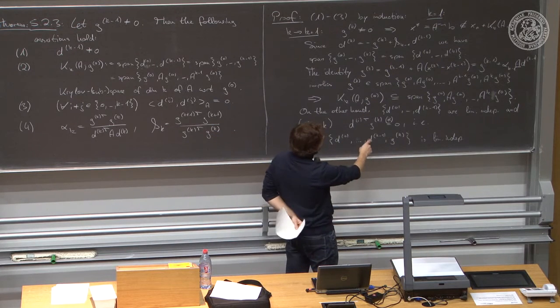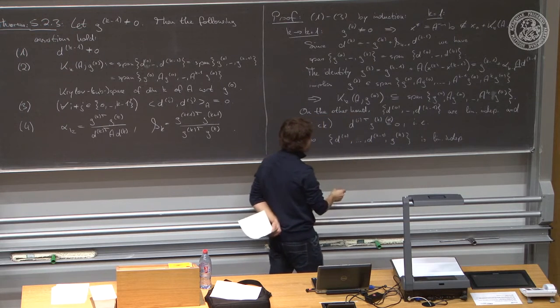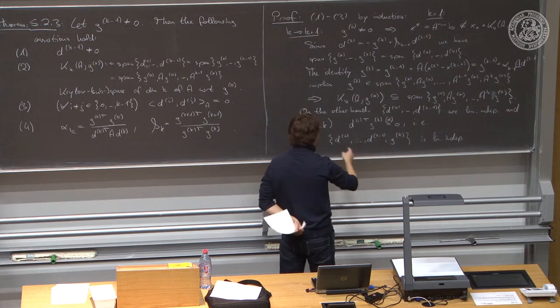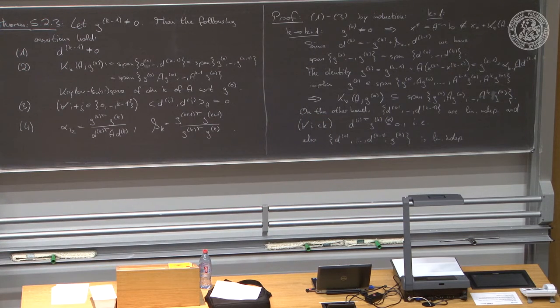But we have already seen that the span from d_0 to d_{k-1} is the same as the span of g_0 to g_{k-1}. So that means that the system of gradients from g_0 to g_k is linearly independent as well.